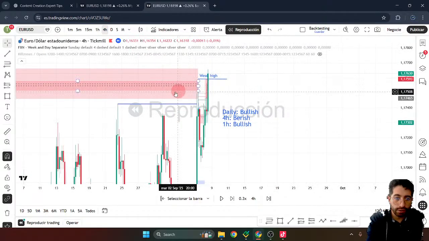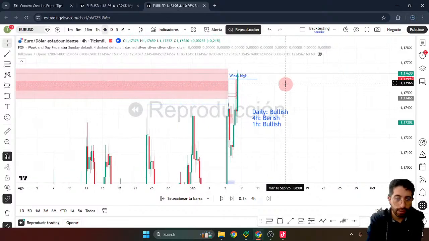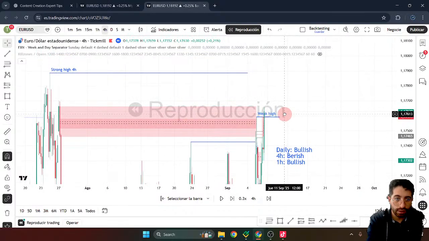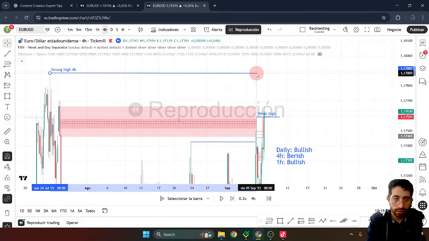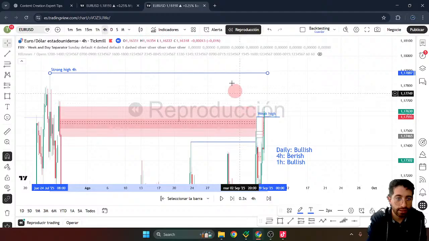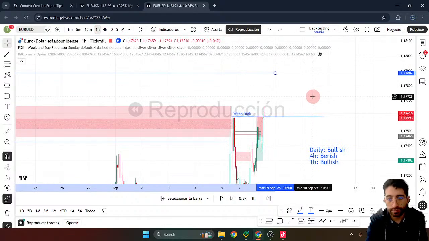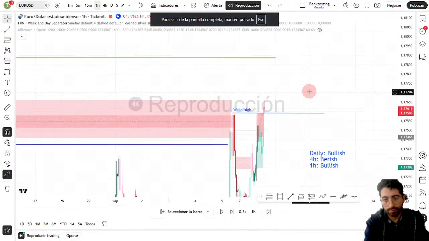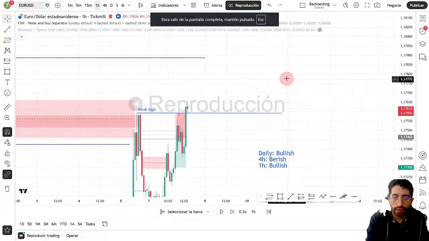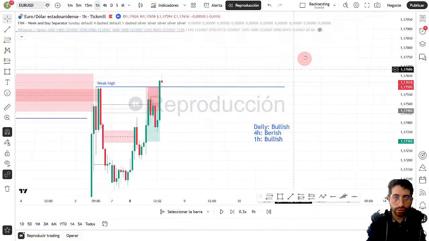Yeah, in a 4-hour time frame we are bullish, completely bullish. Why? I don't know yet. Not yet spending this. So there's a lot of liquidity to be taken here in this high. So let's continue, my friends.